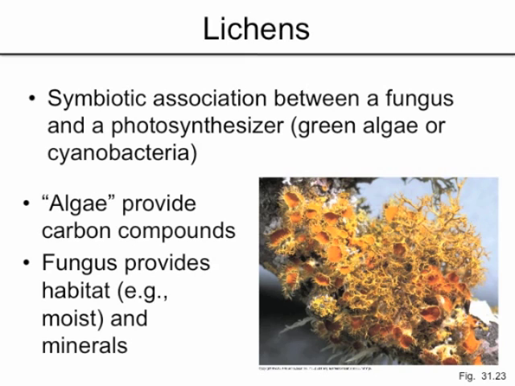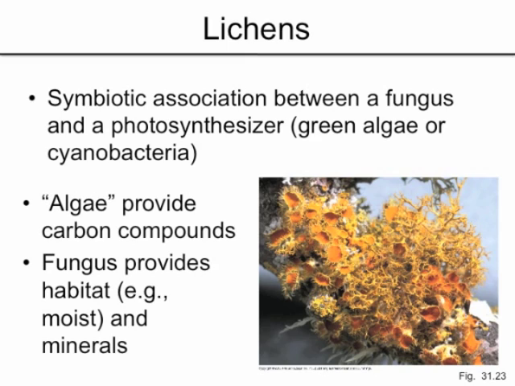A lot of times these will be growing in much drier climates than an alga could grow in on its own. Because the fungus is really good at keeping water in, of providing this kind of ideal habitat, it allows the alga to grow in more diverse habitats. You'll find lichens growing on the sides of rocks, so really kind of extreme environments.